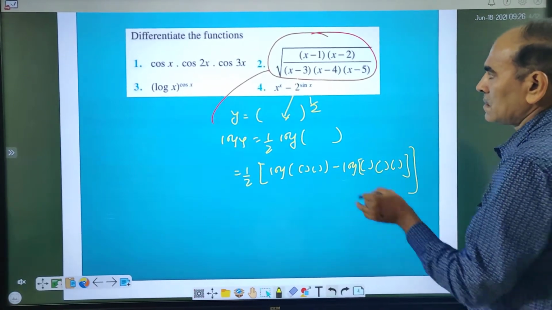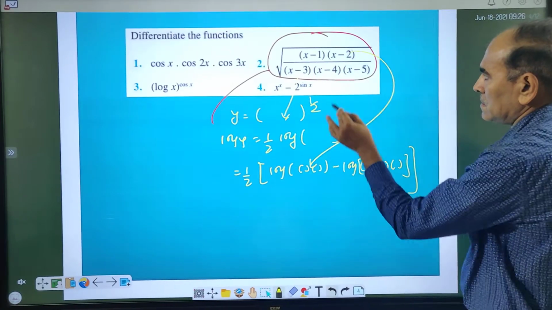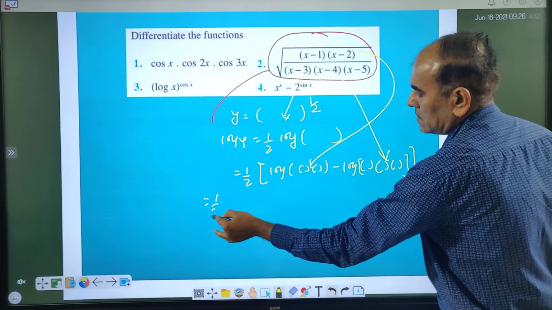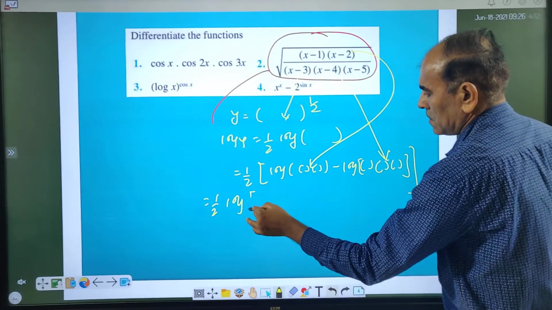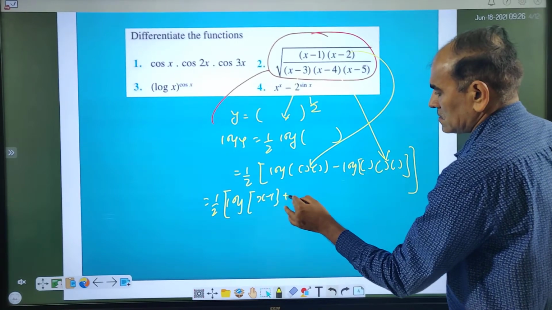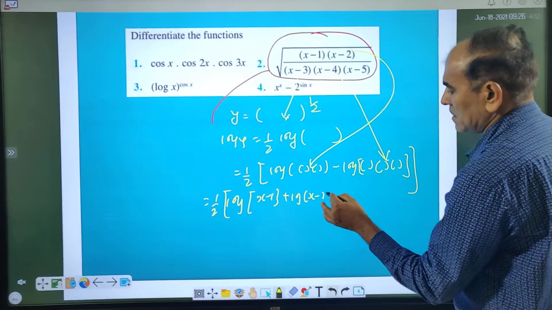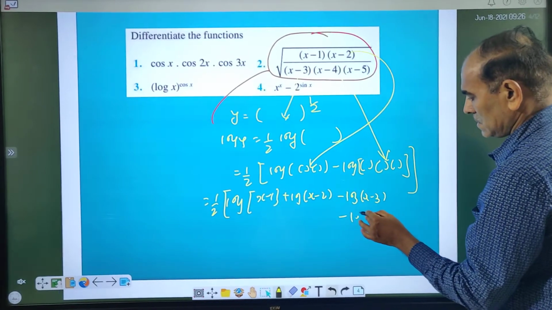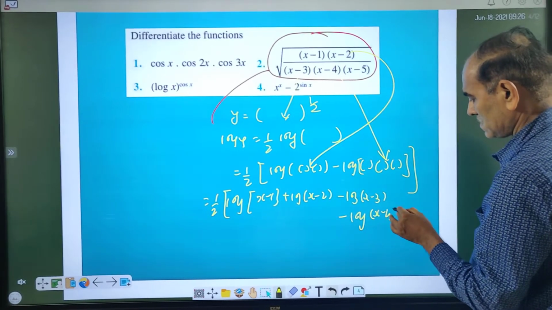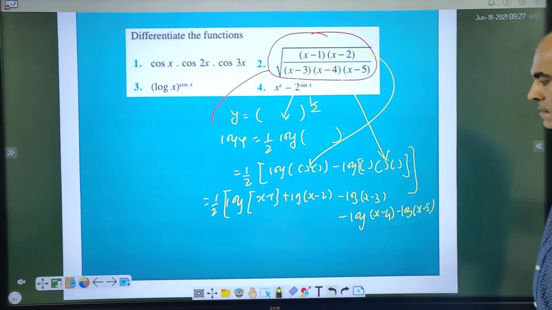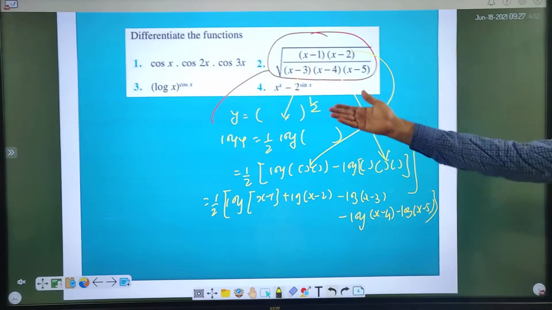Clear? So this one is here and this one is here. So what we get? Half of log of x minus 1 plus log of x minus 2 minus log of x minus 3 minus log of x minus 4 minus log of x minus 5. Now this is to be differentiated.